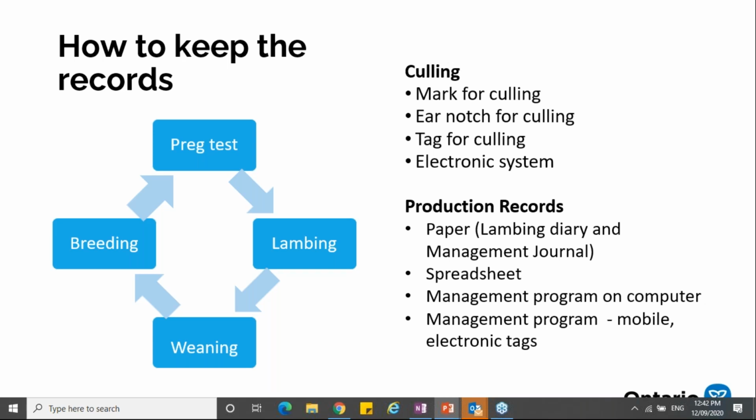And if you want to keep things on paper, you can, and you can do some basic averages and basic monitoring. But if you're going to start keeping records on individuals, you need to at least use a spreadsheet and probably some sort of software system just to keep the amount of time it takes down, and so that you're able to collect information and analyze it a little better.